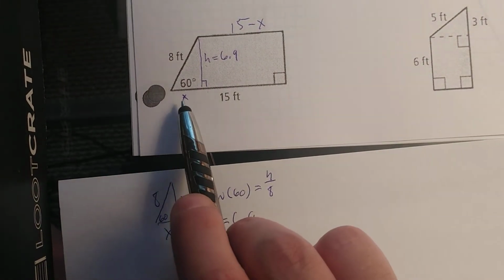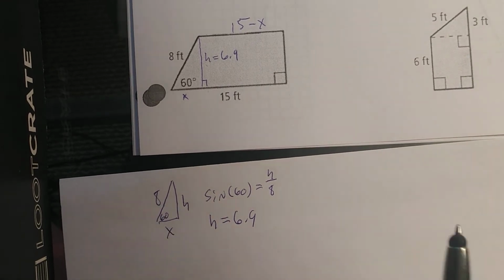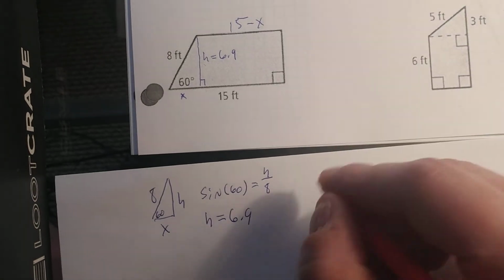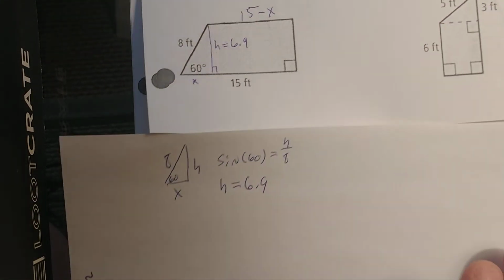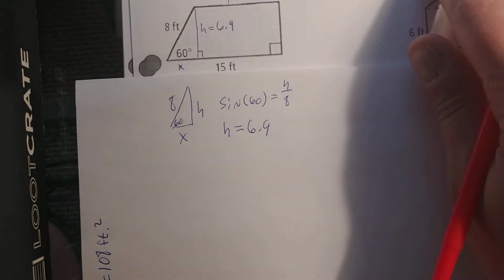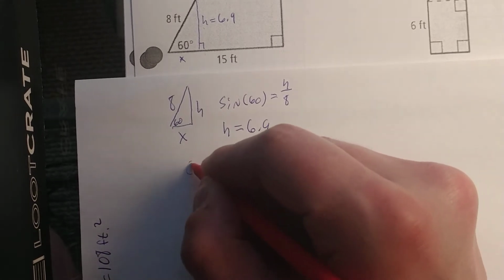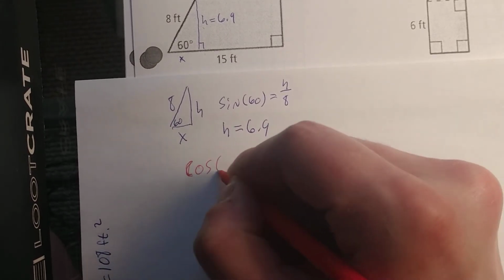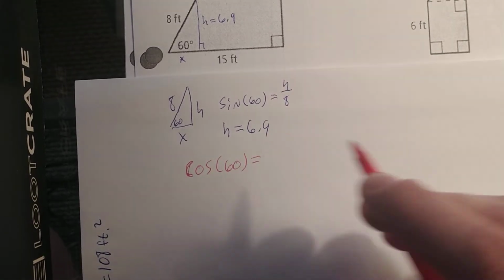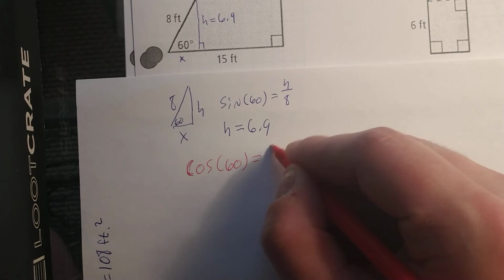Now I have to figure out my x. I'm going to use the same one, and this is adjacent, so now I'm going to have to use my cosine. So to get my x, I'm going to have to use cosine. So I'm going to go cosine of 60 equals, and cosine's adjacent over hypotenuse, so x over 8.